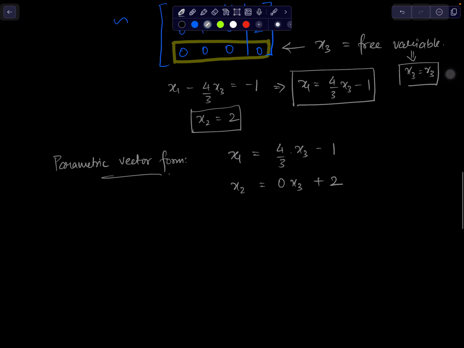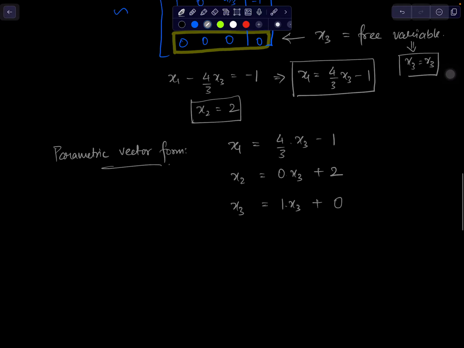So I'm trying to write everything in a uniform way. And then I have 1 times x3. Let's just write it for the sake of writing, because if you closely observe what I am doing, I'm trying to figure out the coefficients of x3 in each of the expressions. And then I'm also trying to figure out if there's a constant term. But quite clearly, there is none for x3, so you put a 0.